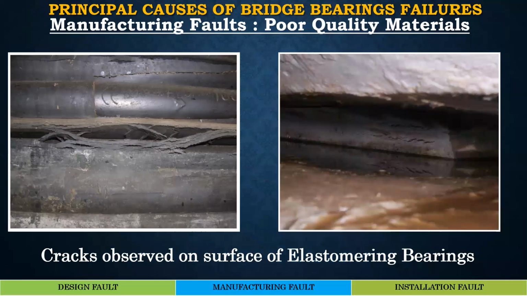We have seen a number of failures of bridge bearings, elastomeric bearings, due to poor manufacture or poor installation. These are a few examples. Cracks were observed on the surface of elastomeric bearings, and many of these occurred just after installation and were immediately replaced in a matter of 2-3 months after correction.